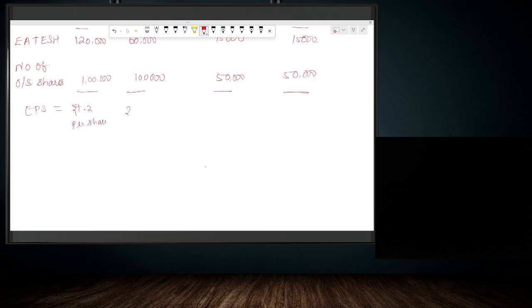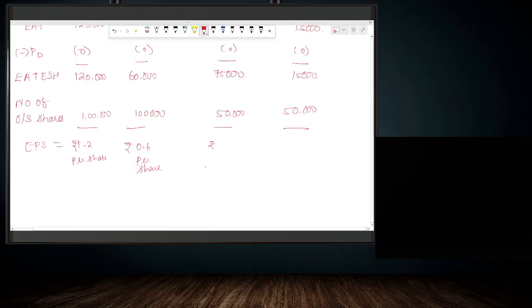Here it is rupees 0.6 per share. Here it is 75,000 by 50,000, rupees 1.5 per share. Rupees 0.3 per share.